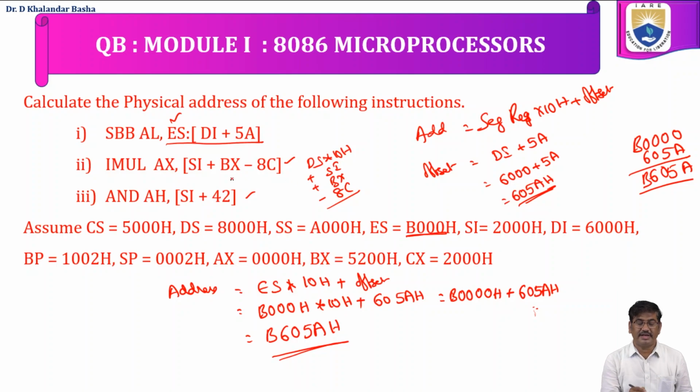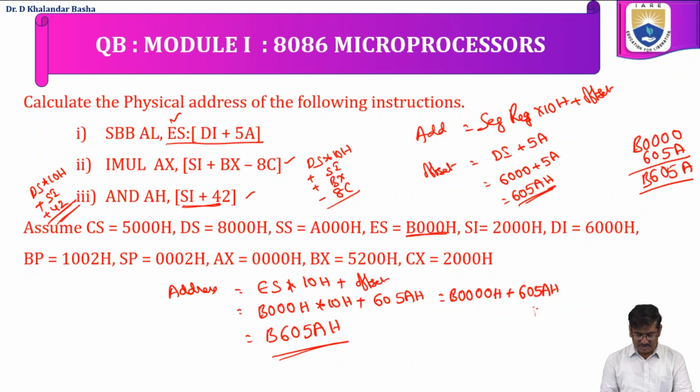For the third example, AND AH, SI plus 42H, the segment register is DS times 10H, plus the offset value, which is the addition of the SI register with 42H. This will generate the physical address of the given instruction.